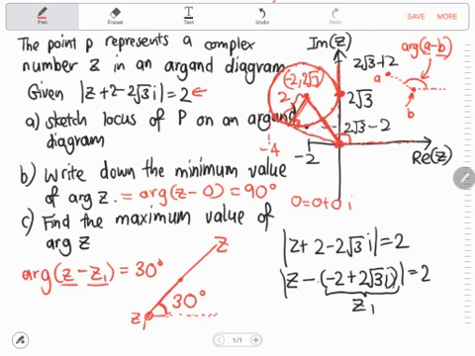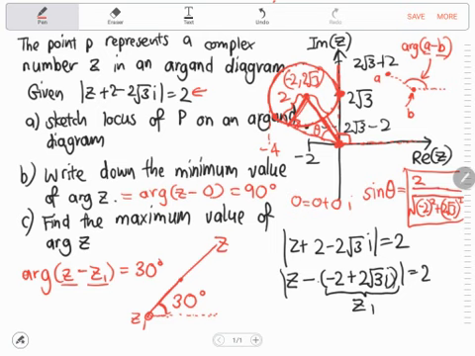Then, using simple trigonometry, sine of this angle is opposite over hypotenuse, so sine theta must equal 2 over the square root of (-2) squared plus (2√3) squared, which gives me the length over here. If I do a sine inverse of this value, I will get my theta.